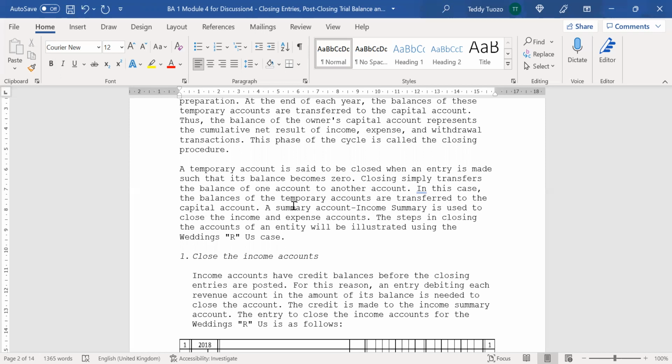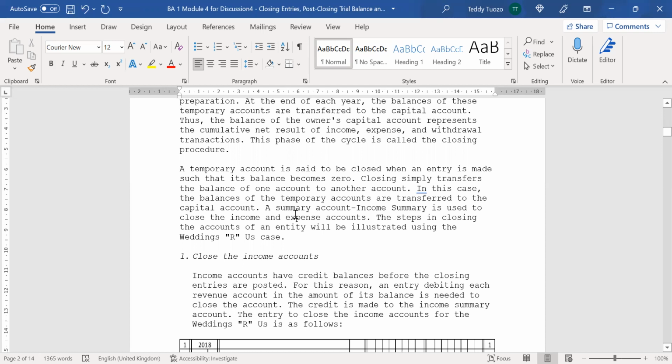So eventually the income and expense become part of capital, whatever the result, be it a profit or a loss. If there's a profit, the capital account will increase. If there's a loss, the capital account will decrease.